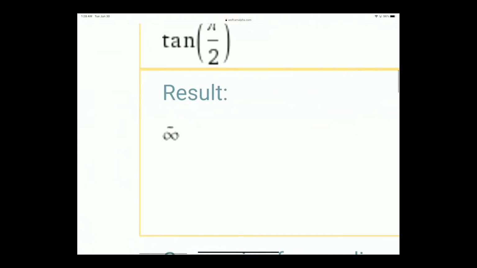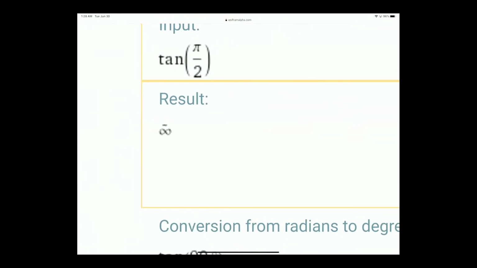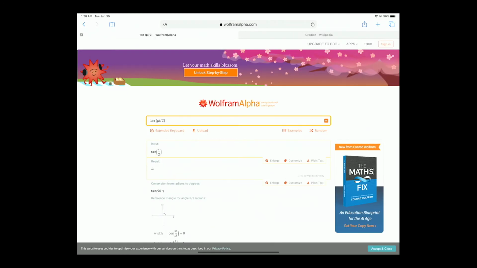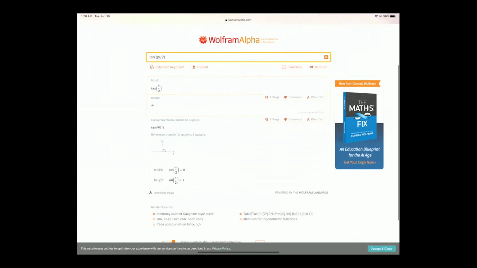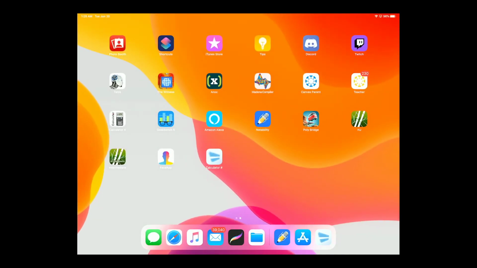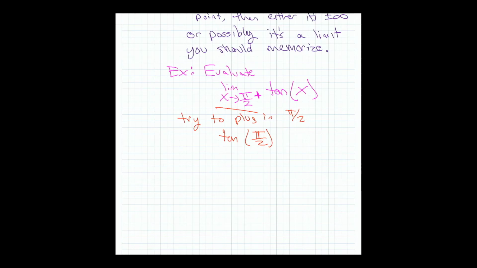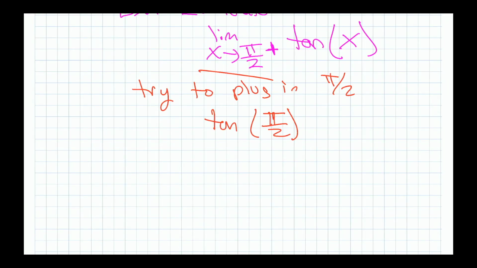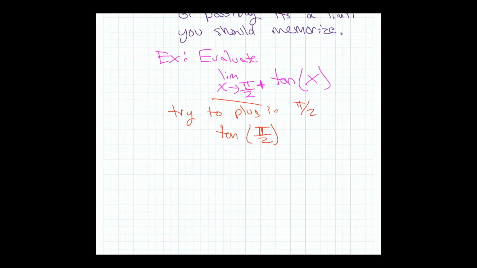That's a weird something infinity. I don't know what it's saying there. Okay, it's not a regular infinity, so that's not what you want. That's not a number that you can write as an answer here. We try to plug that in there. It is undefined. Right? We got a math error.